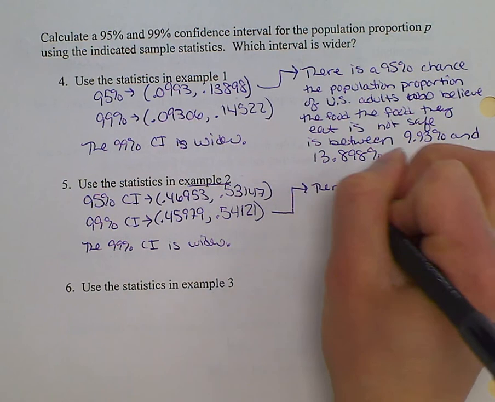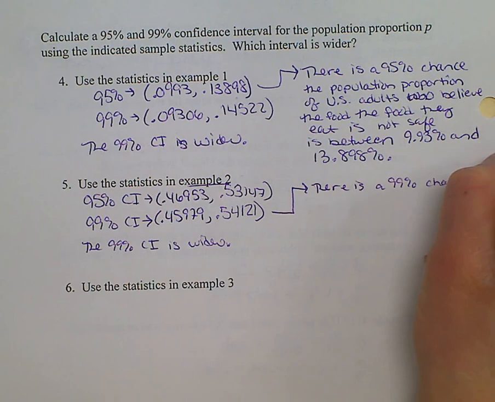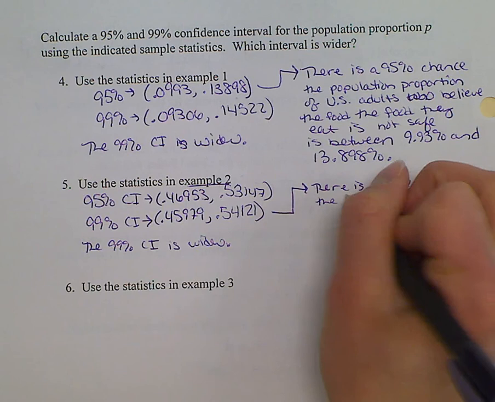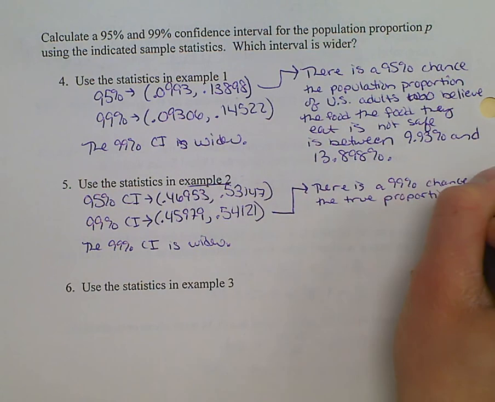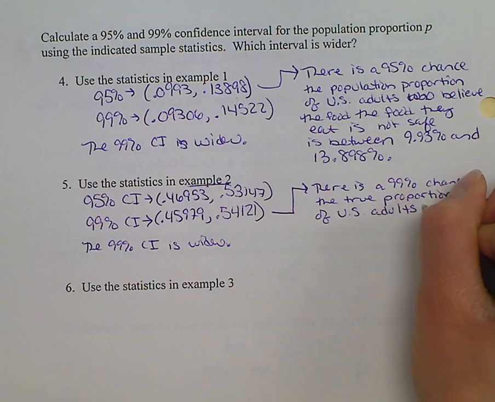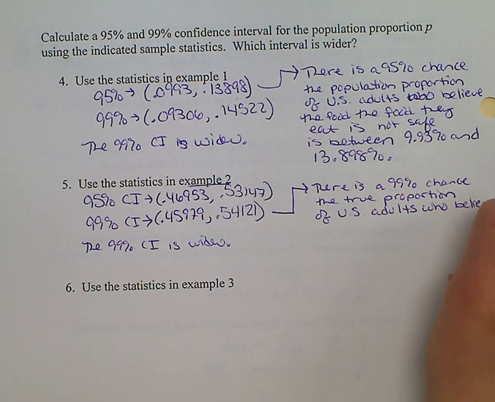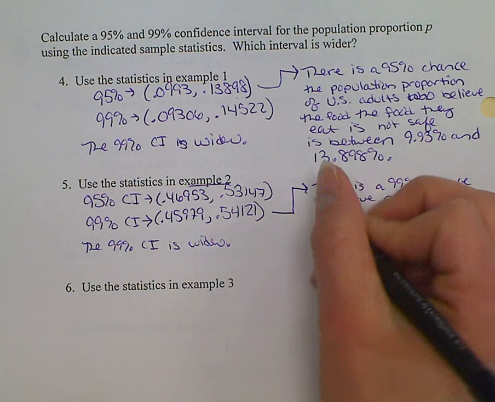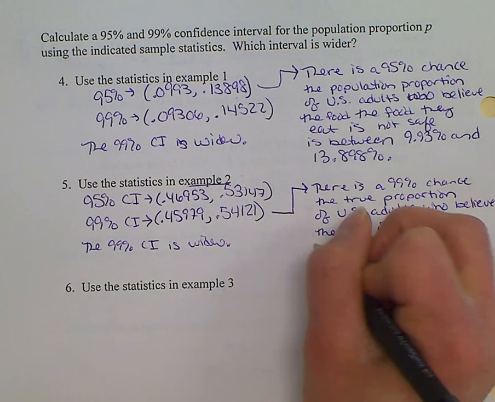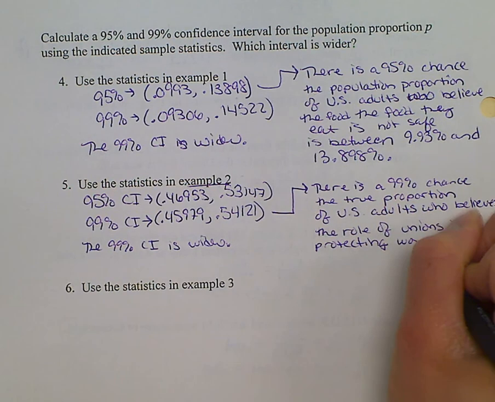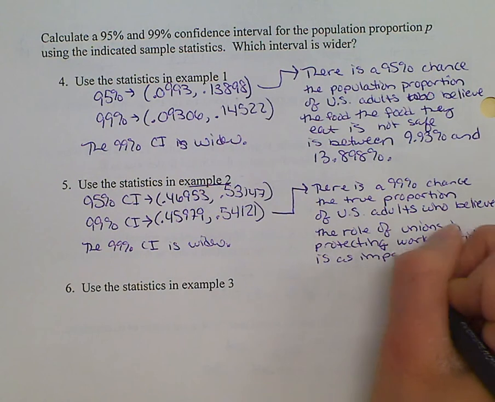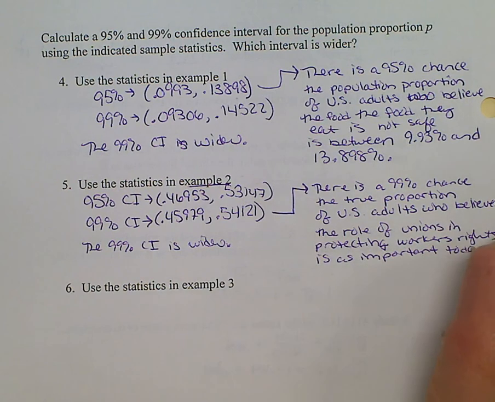We would say there is a 99% chance, and then instead of saying the population proportion, you could state the true proportion of, again, this is U.S. adults who believe that the role of unions in protecting workers' rights is as important today as it was in the past.